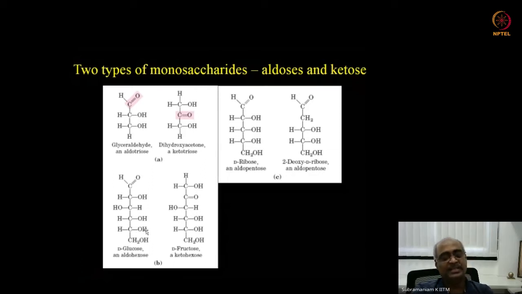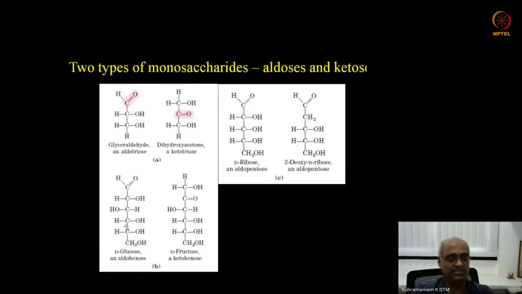So there are 8 names, D-glucose, D-galactose, D-mannose, D-idose and so on, 8 names, and then the same 8 with L. Since it's an introductory course, I'm not going to introduce all those names or expect you to remember all of them. But at least you should be able to draw the structure of D-glucose correctly.